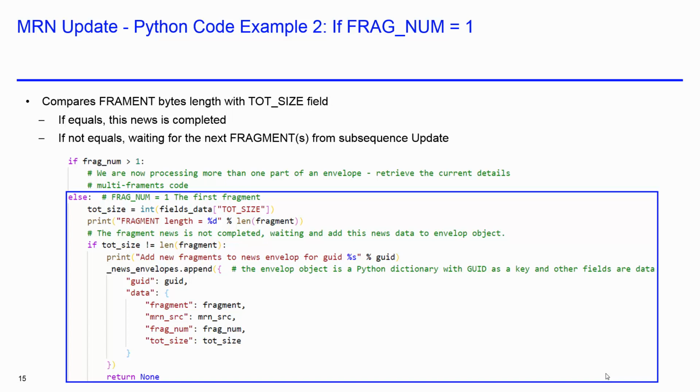The application can compare the decoded fragment byte length with the total size field value. If they are equal, it means this news item is complete. If they are not equal, the application keeps this news in an object and then waits for the next fragment from the subsequent updates of this news item.